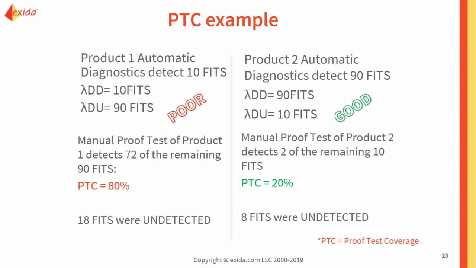On the other hand, you have product 2 that had those really good automatic diagnostics. It found 90 FITs and only left 10 originally. That manual proof test was okay. The proof test coverage was only 20%, but it found 2 of those 10 FITs remaining, which only left 8 FITs undetected.